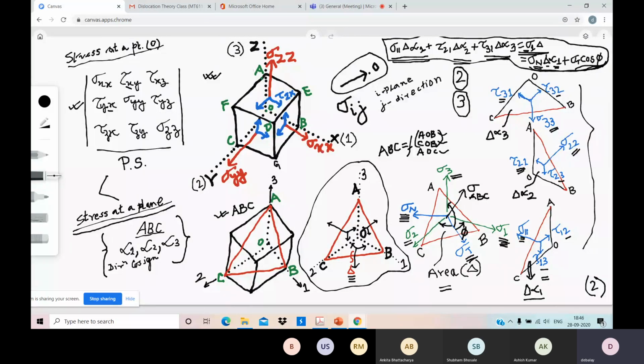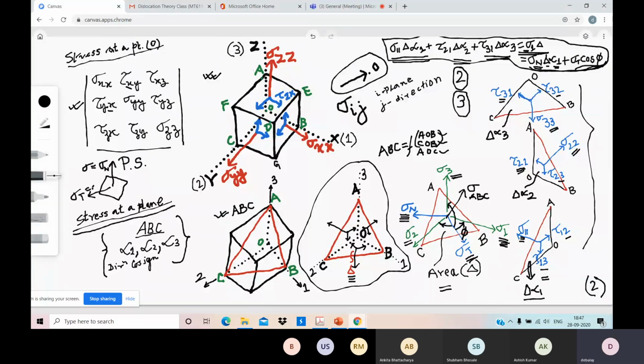For example, I am considering any arbitrary plane. The entire stress that is acting is the normal stress. So basically, the entire stress that is acting is sigma n, and there is no sigma t. There is no shear stress, so sigma t equals 0.